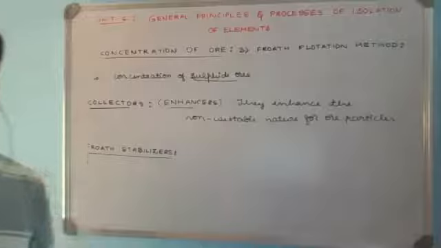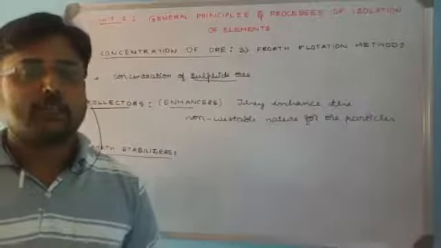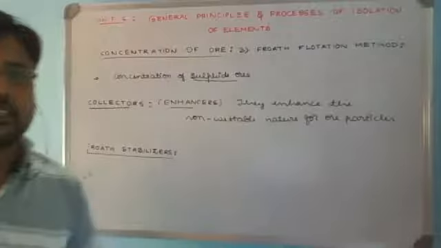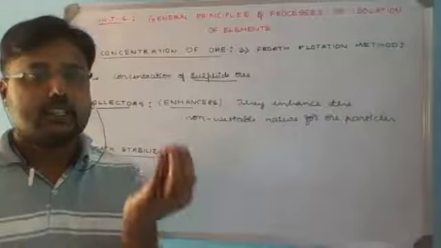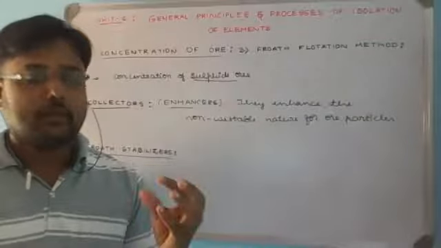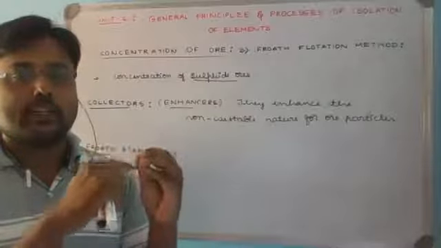The role of collectors in the froth flotation technique is that they enhance the non-wettable nature of mineral particles or ore particles. These are oily substances. Once these collectors are added in the method, they will coat the surface of the ore particles.